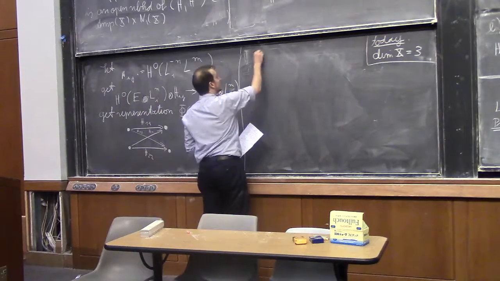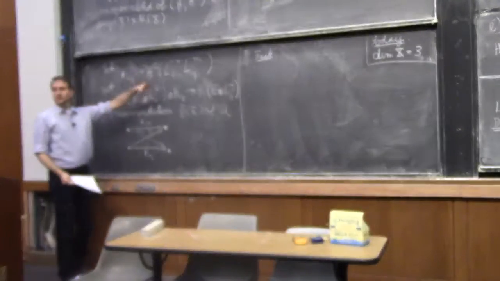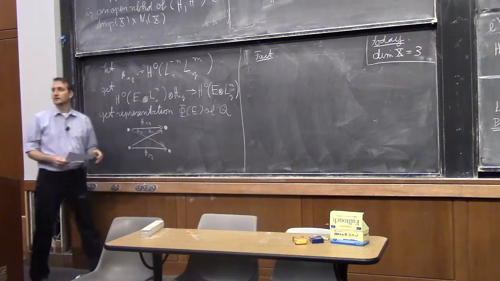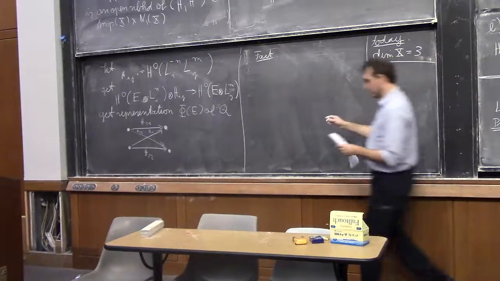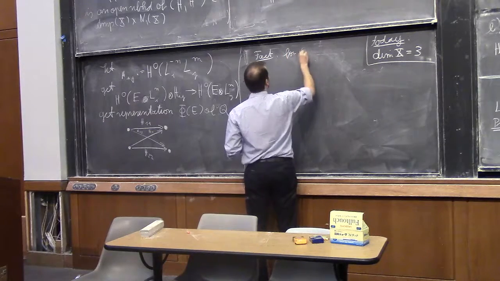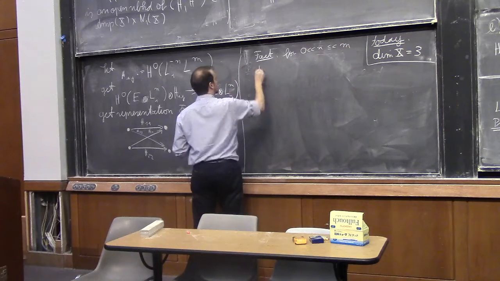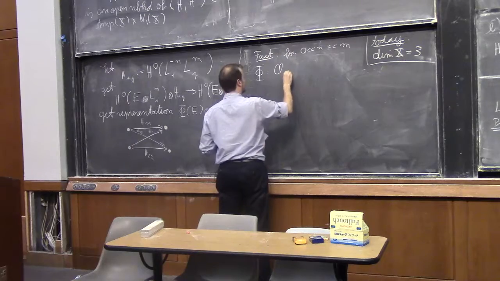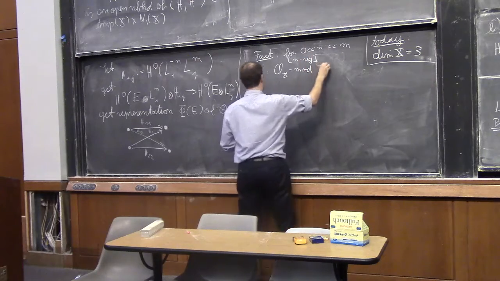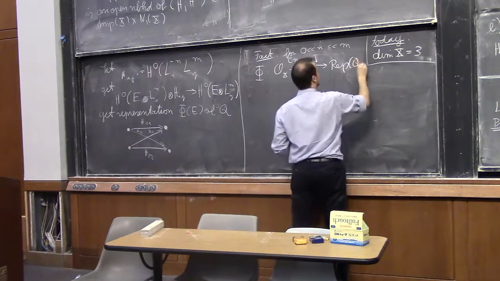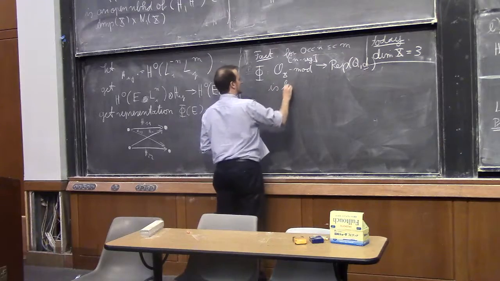So for m much larger than n, Φ from n-regular sheaves to the category of representations of this quiver, of dimension vector which you can compute from the Hilbert polynomial, is fully faithful.